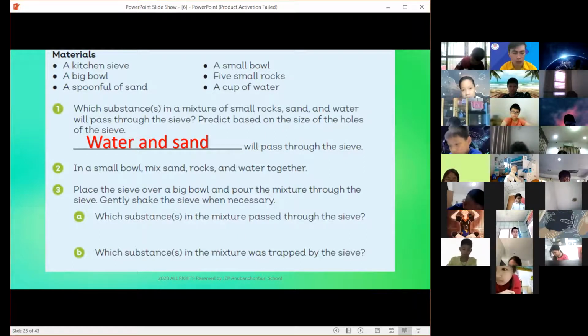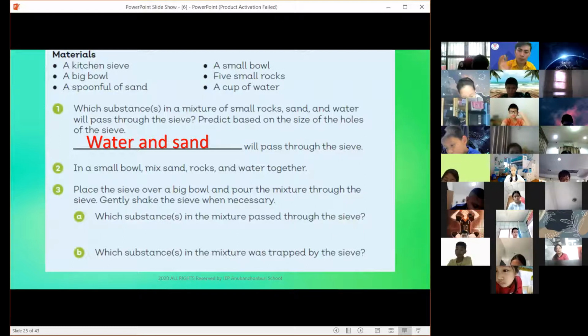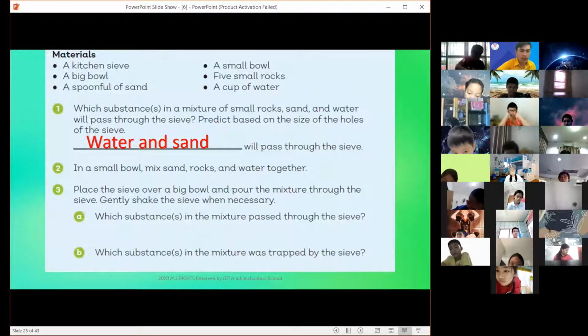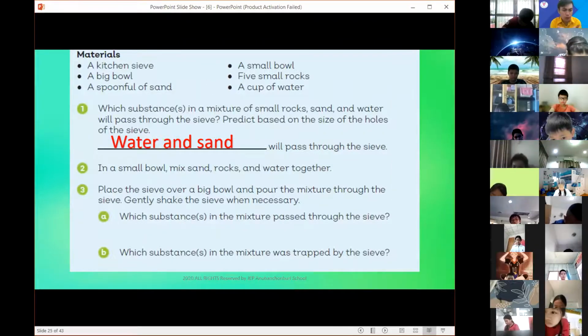Now let's proceed to instruction number 2. In a small bowl, we're going to mix. I think you know the meaning of the word mix, right? So we mix sand, rocks, and water together. On instruction number 3, you're going to place the sieve over a big bowl.